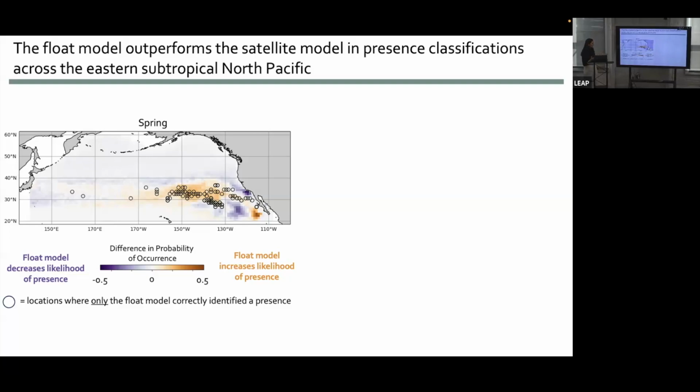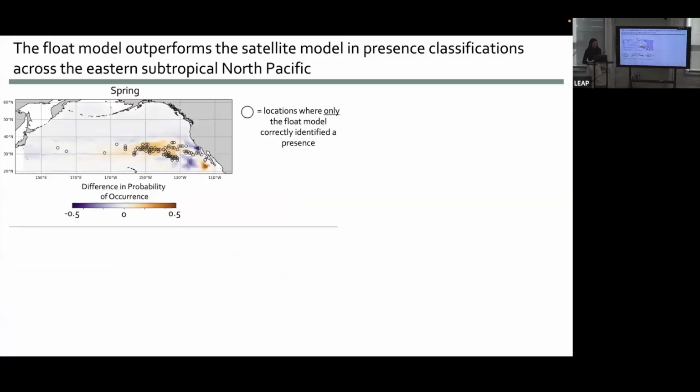So we were next interested in trying to understand why the float model was particularly skillful in this region, why it outperformed the satellite model by so much. To do this, we compared surface satellite chlorophyll with depth integrated chlorophyll through time.